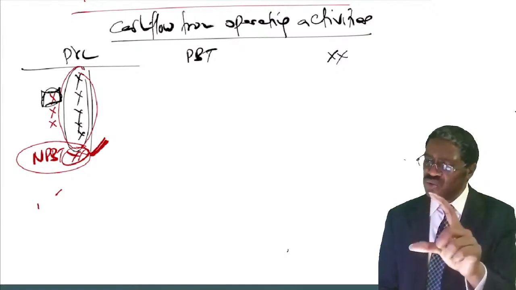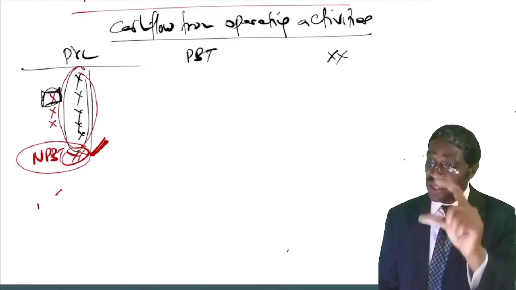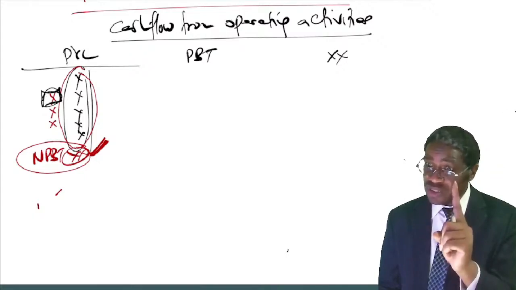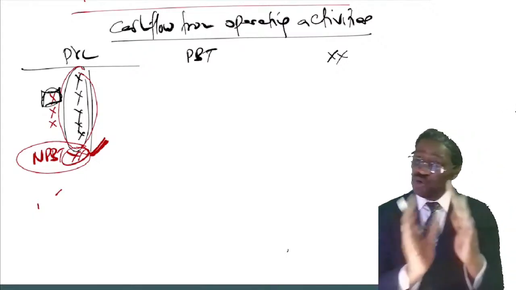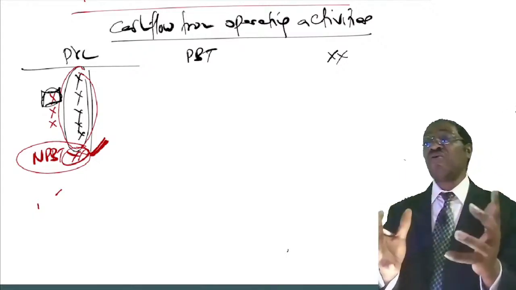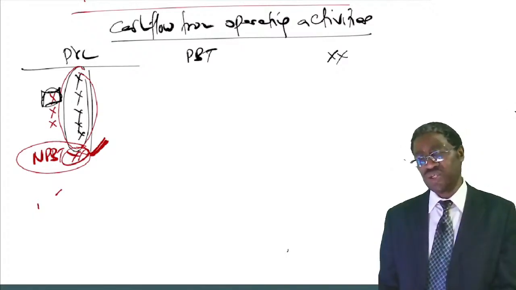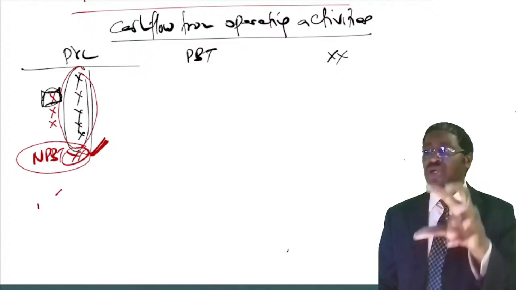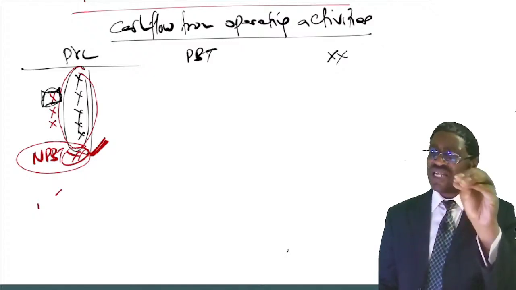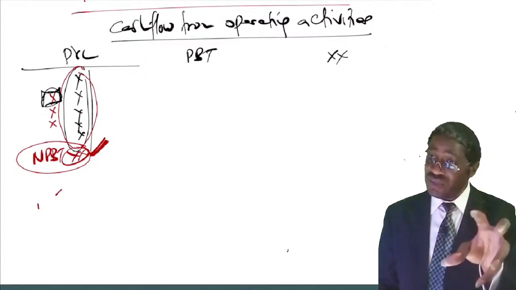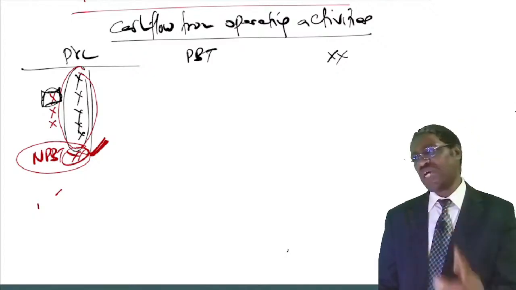Of course, I've told you this is not the first time we are doing this topic, so I expect you to remember. Or, if you are not remembering from the point of view of cash flow, you are now accountants. You obviously know from your accounting knowledge some items that are either debited in the P&L account, yet no cash was involved, or items credited in the P&L account, yet no cash was involved.